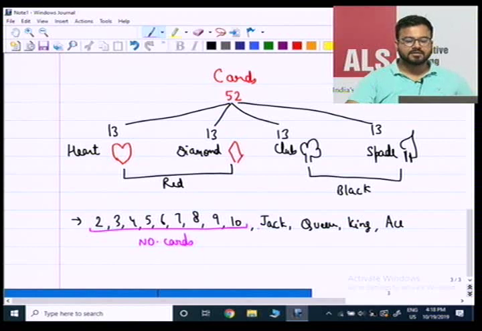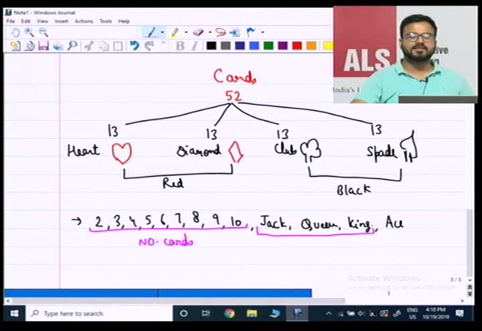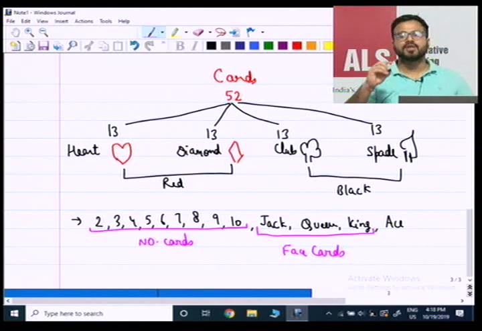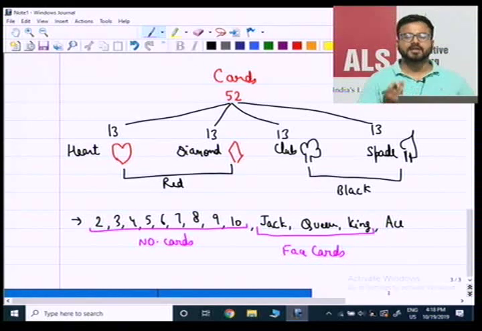Similarly, in jack, queen and king, we can see the face of some person on these cards. That's why they are known as face cards. In each suit there are 3 face cards, so a total of 12 face cards are there.